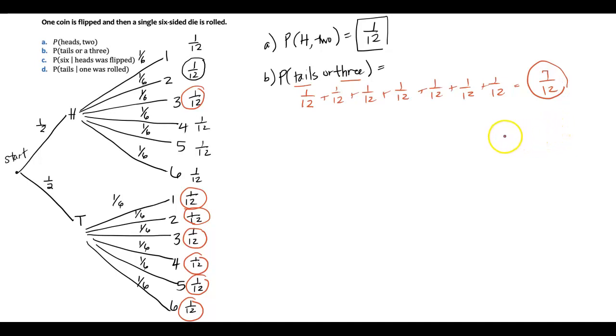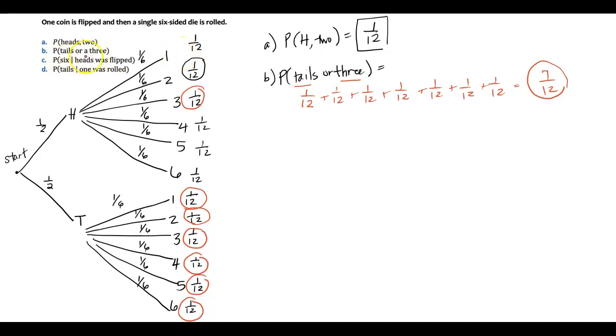One thing to note is that as you move through consecutive branches, heads first and then 1 second, you're multiplying those probabilities, and when you're becoming more specific, that's an intersection of events, and the probability becomes smaller as you become more specific.